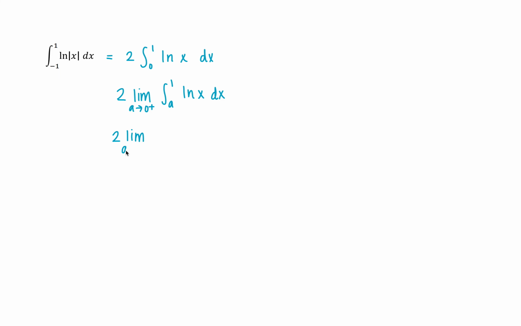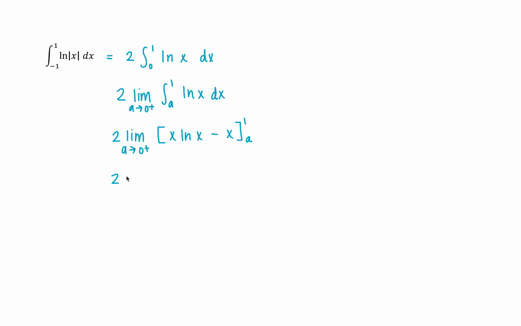And let me write this out. You end up with x times the natural log of x minus x. We're going to evaluate that from a to 1.